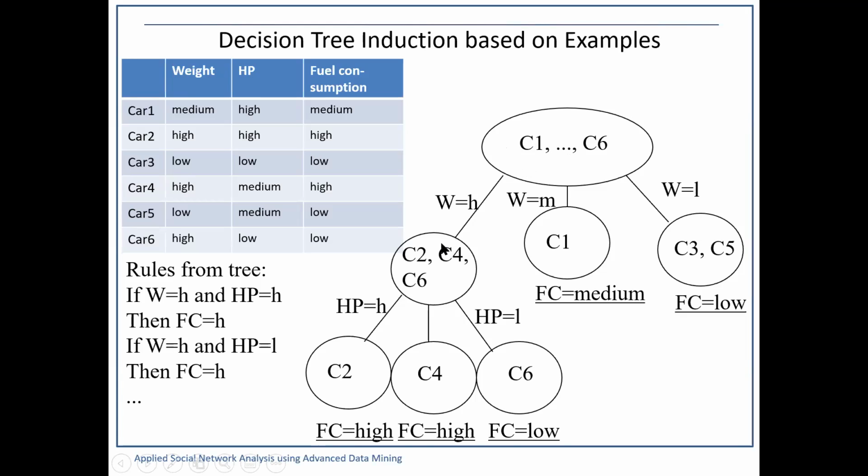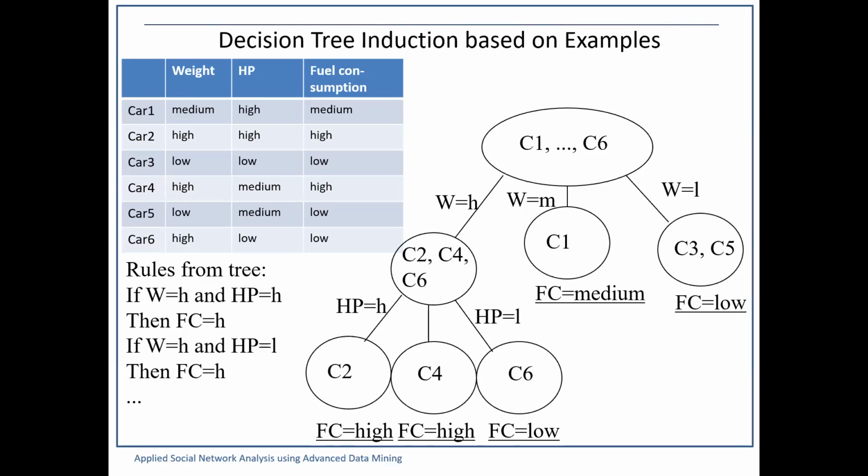If weight is high and HP is high, then fuel consumption is high. Whereas another rule would be if weight is low, then fuel consumption is low. That's knowledge we generated from our database, and this knowledge can now be applied to new observations. That means to a car we don't have in our database.